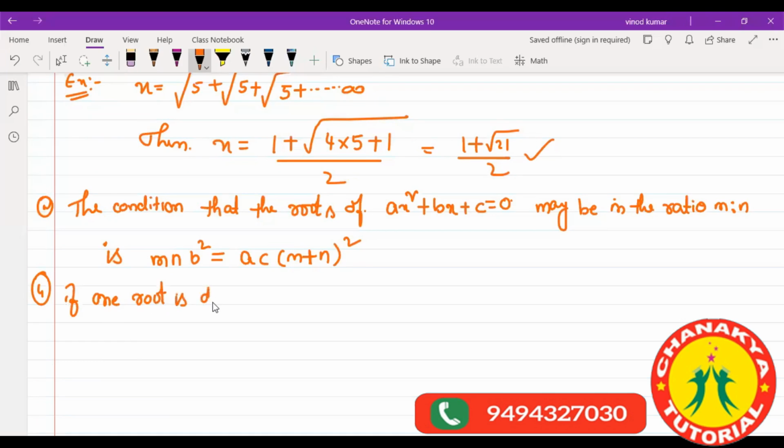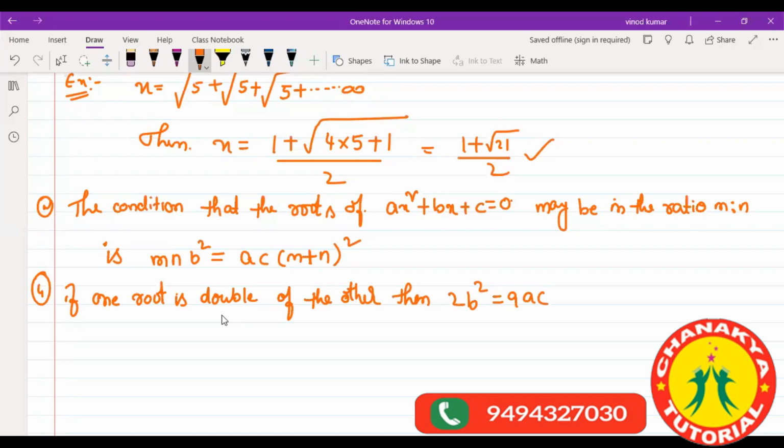If one root is double of the other, then the condition is 2b square equals to 9ac. Okay, ax square plus bx plus c equal to 0 has two roots. One is alpha, another one is 2 alpha. Then the condition is that 2b square equals to 9ac.